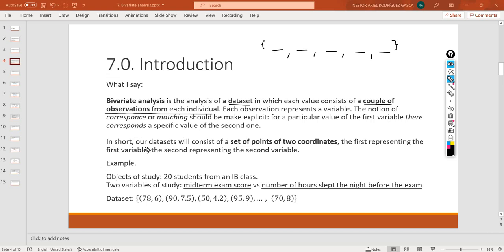In short, our datasets in bivariate analysis will consist of a set of points of two coordinates, so it's going to look something like this.